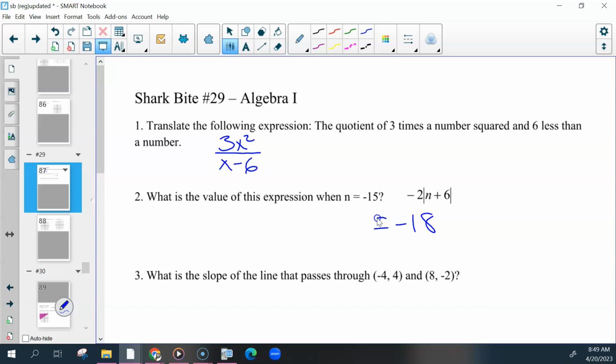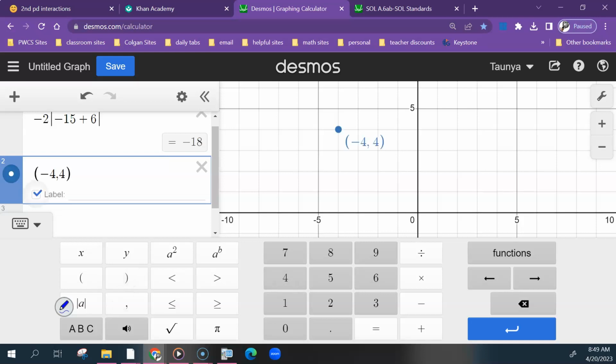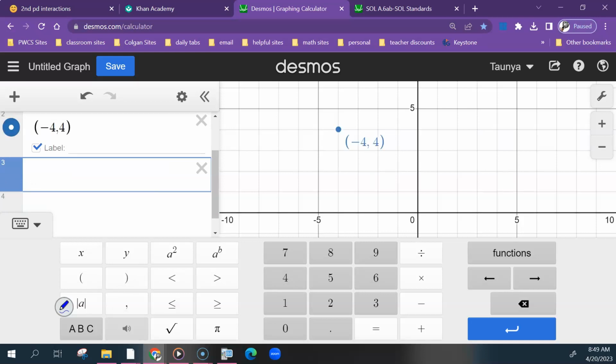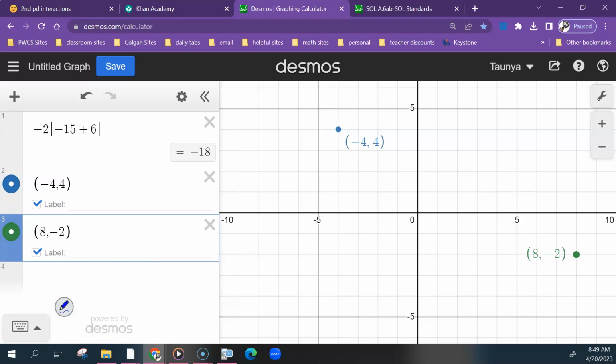Three, you could plot the points if you're doing it on Desmos. And then count the slope, but be careful while you're counting. So let's see. 1, 2, 3, 4, 5. 1, 2, 3, 4, 5, 6, 7, 8, 9, 10, 11.